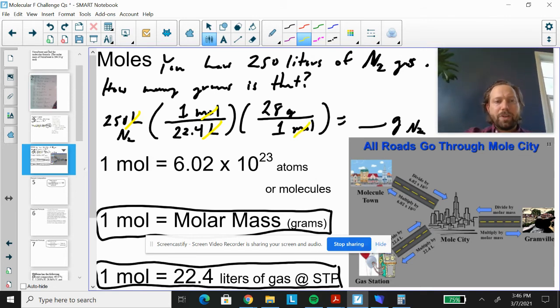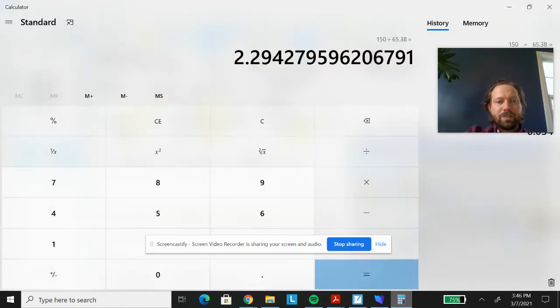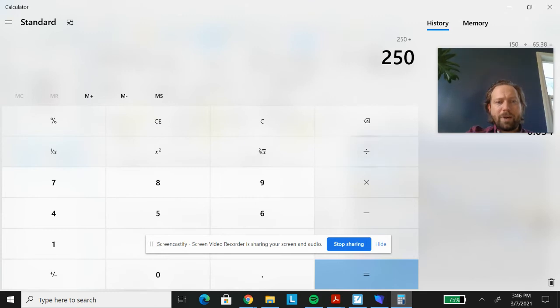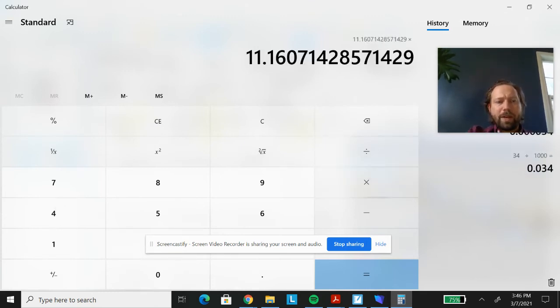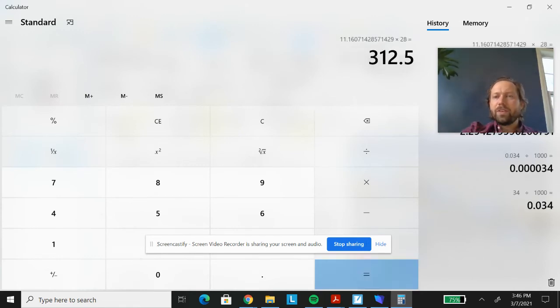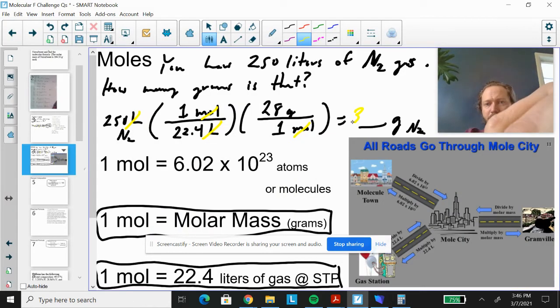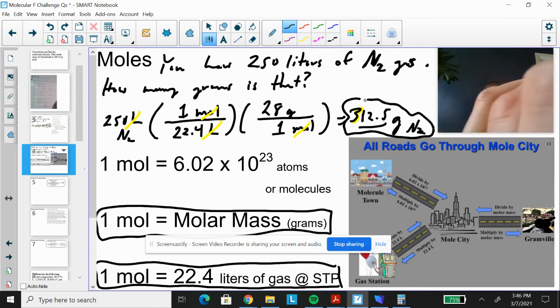So I take my 250 and I divide by 22.4, and then I multiply by 28, and I'm left with 312.5. That's how many grams.